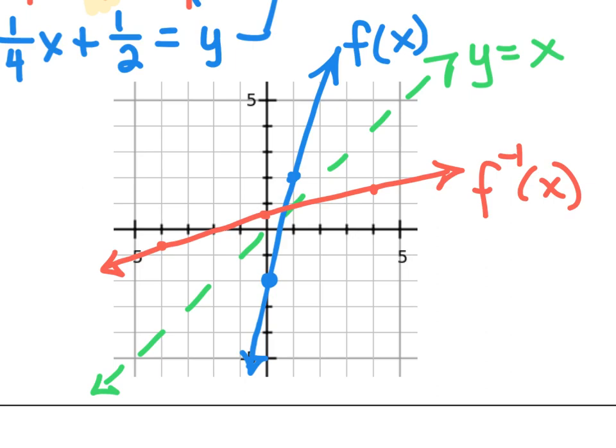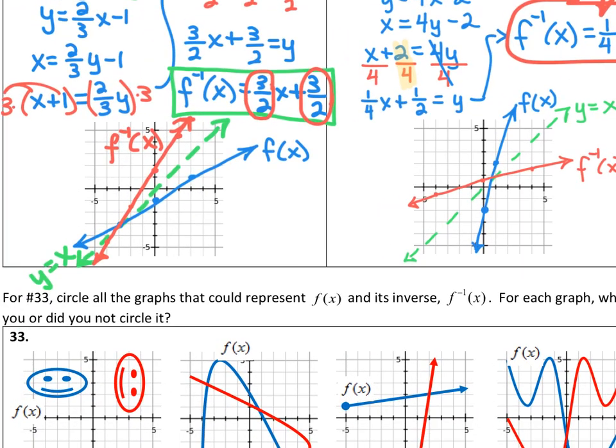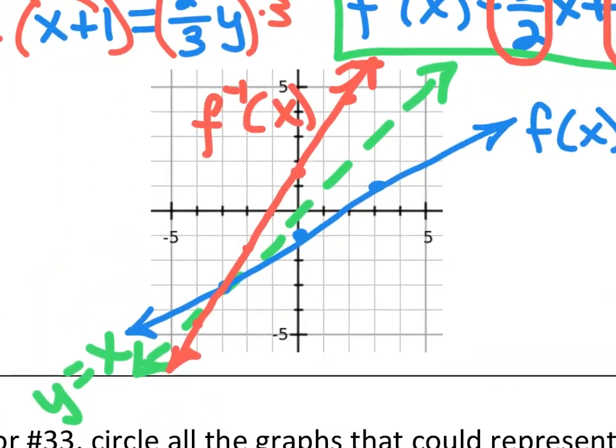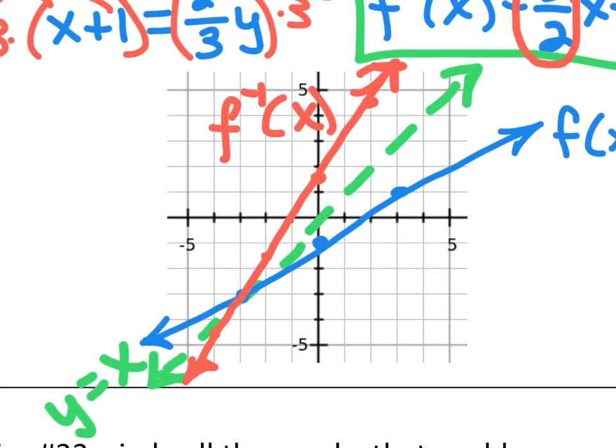When you look at the graphs of the functions and their inverses, notice a couple of things. They're reflections over the line that's green. So if you're thinking of the green line as a mirror, this line right here is a mirror that the red and the blue are reflected over.